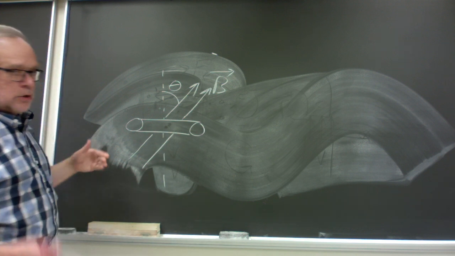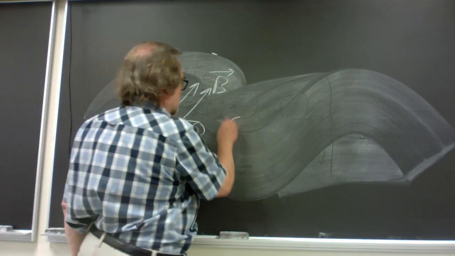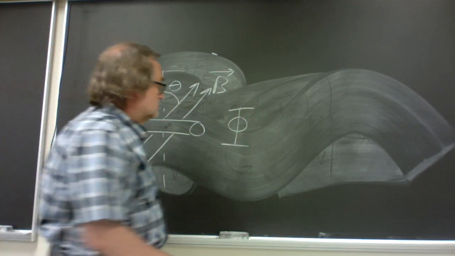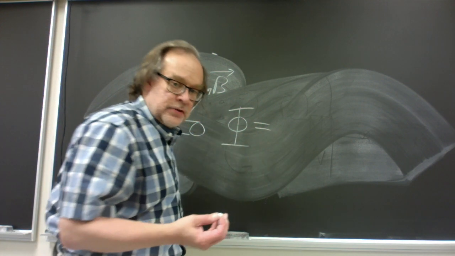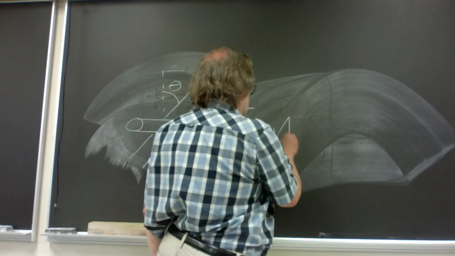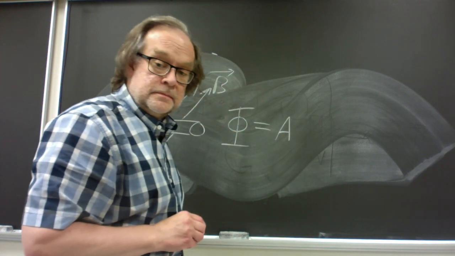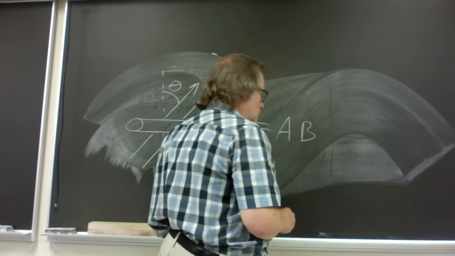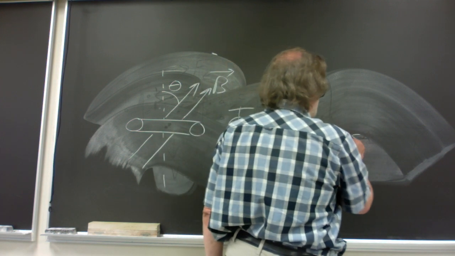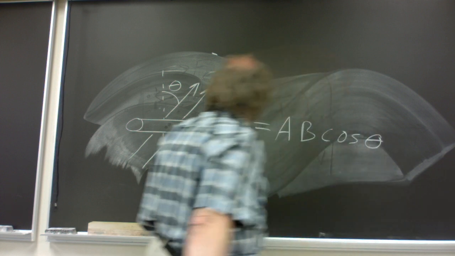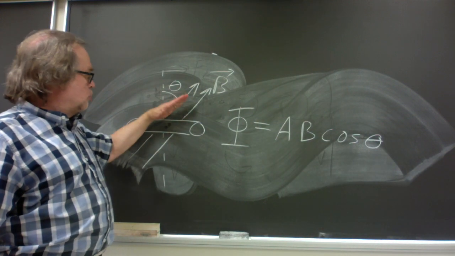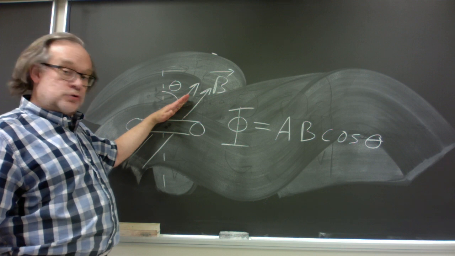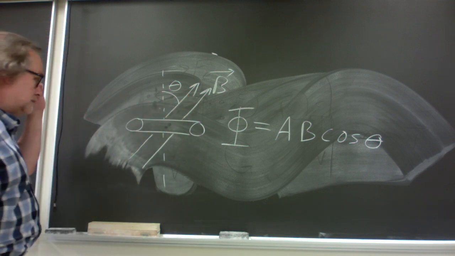Okay, and then we define this thing called magnetic flux, capital Greek letter phi, and it's a product of three things: just the area of the loop, and the strength of the magnetic field, and cosine of that angle between the axis of the loop and the direction of the field.